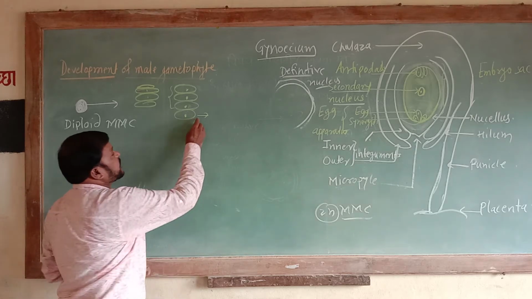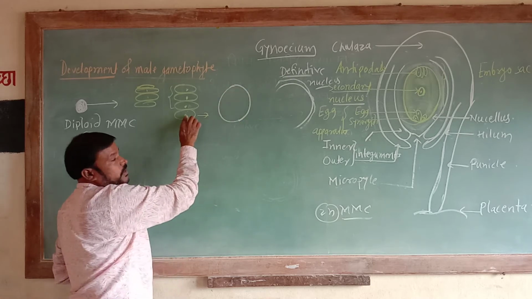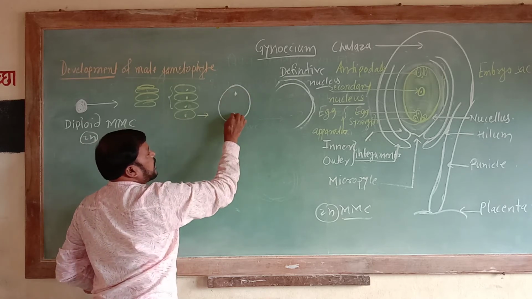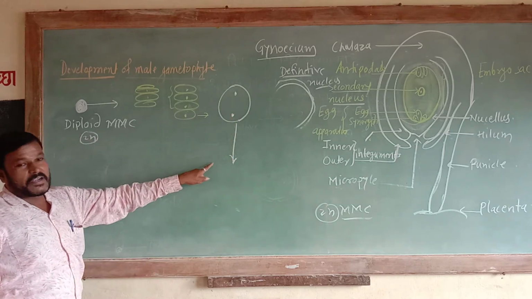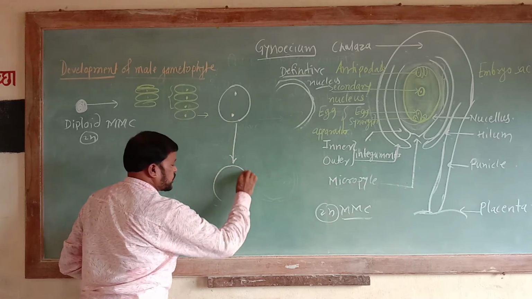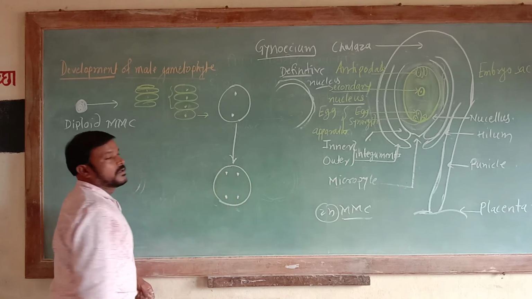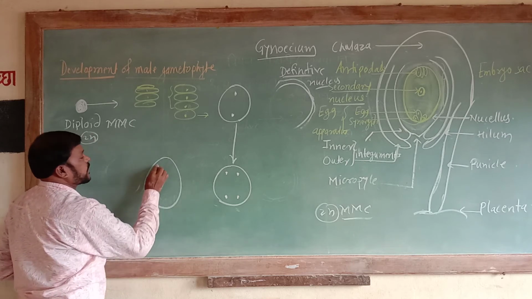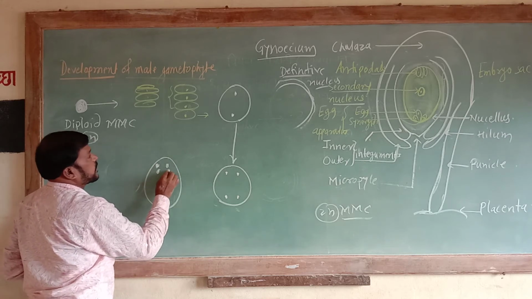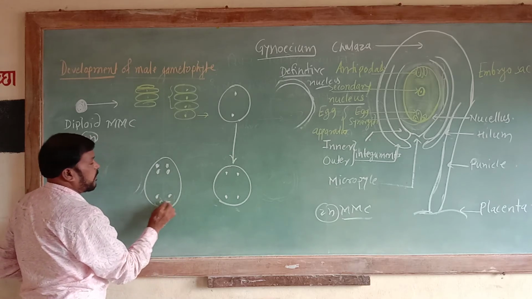The first mitotic division is only a division of the nucleus, and 2 nuclei are produced. Then the second mitotic division gives rise to 4 nuclei, and the third mitotic division gives rise to 4 towards the chalazal end and 4 towards the micropylar end.